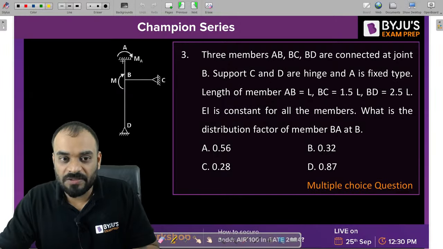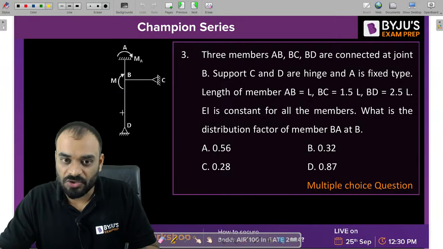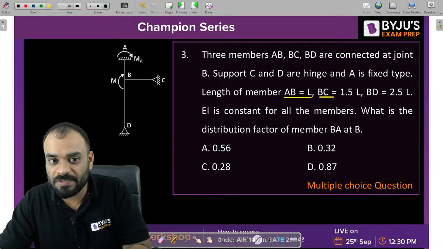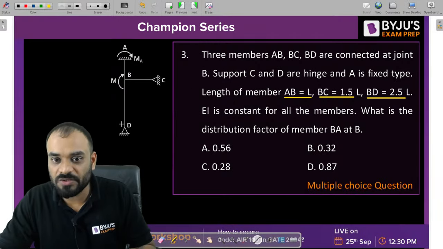A is fixed and the remaining two supports are hinges. The length of member AB is L, BC is equal to 1.5 L, and BD is equal to 2.5 L.